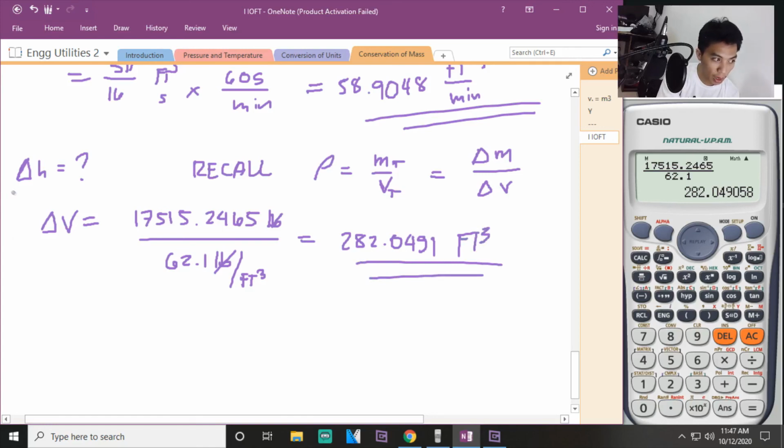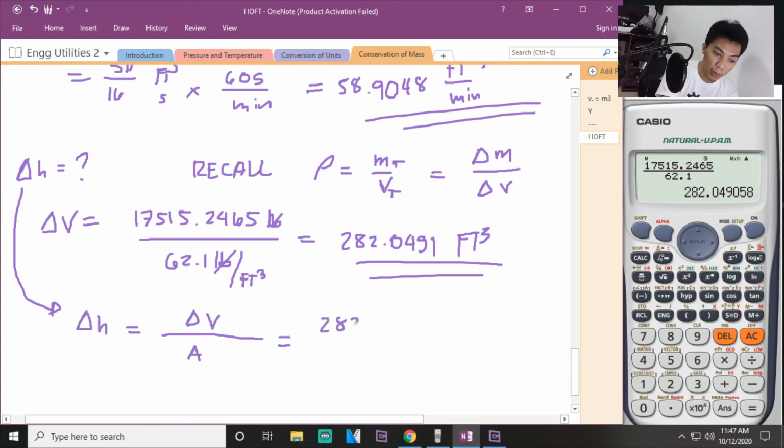So, in order for us to know what is the change in height, syempre, di ba, meron naman na tayo nakuha na area. The change in height is equal to yung iyong given na ito, volume. Change in volume divided by yung area. Hindi naman nagbabagong area eh. So, this will be 282.0491 feet cube. Ano bang area yung kinuha natin? This is area 1.